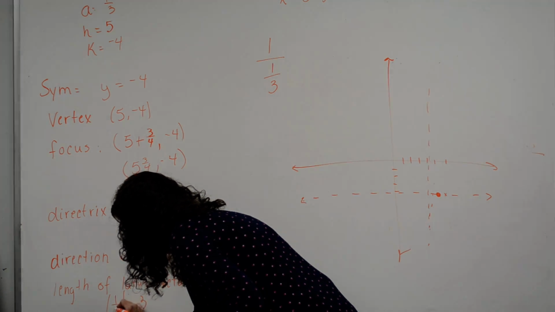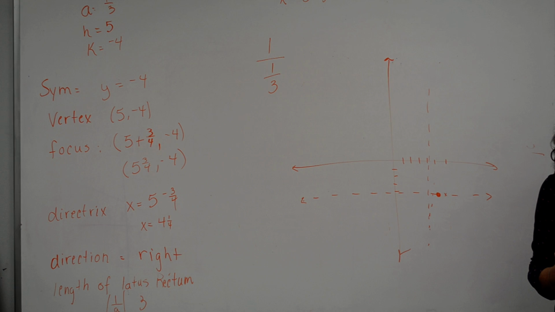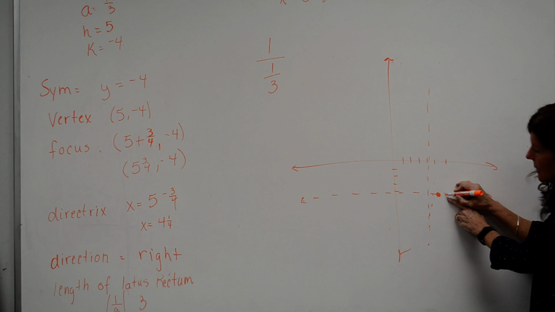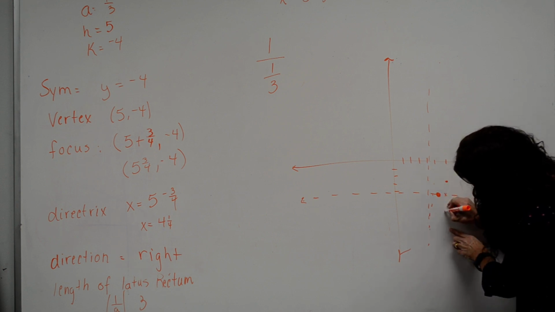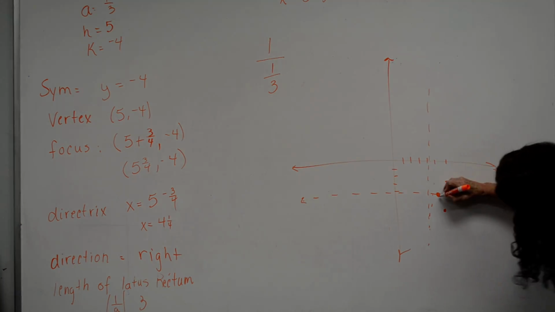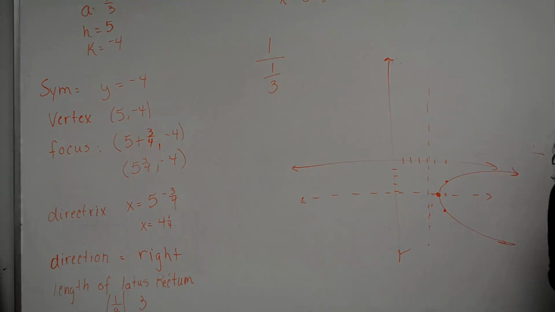It's always going to be positive. Okay, now, what's half of 3? 1.5. So from my x, I'm going to go up 1.5, and I'm going to go down 1.5. And that's going to form my parabola.